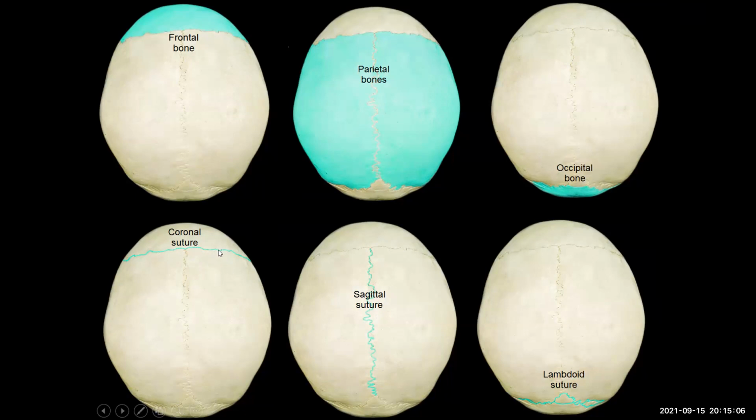Remember, the coronal plane is going to divide the body, or whatever structure you're looking at, into anterior and posterior portions. Our sagittal suture goes right down the middle here, and it divides the left and right parietal bones from one another. And this last suture down here, that is the lambdoid suture, and that's going to divide the parietal bones from the occipital bone back here.